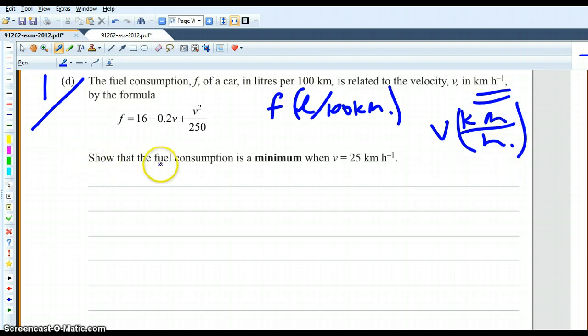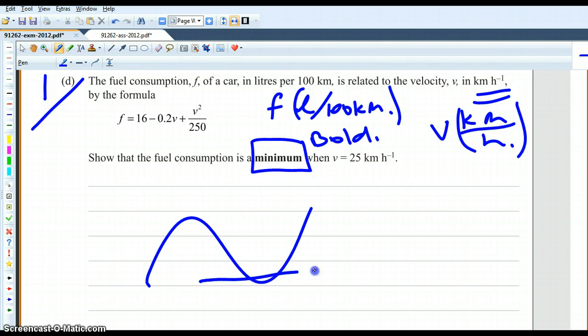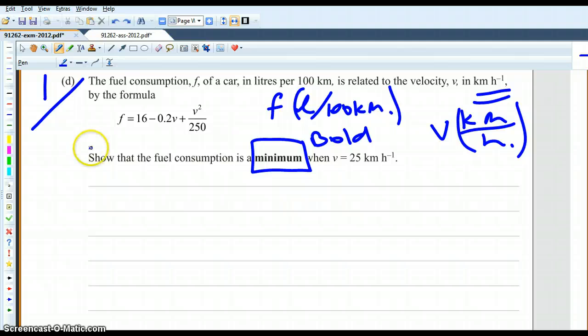Sweet. Show the fuel consumption as a minimum. This is bold, and it's saying to me, think minimums. At a minimum, the gradient is 0. So if I derive and equate the gradient to 0, I'll find the x-coordinate of when there's a minimum. So what do I have to do first? I need to derive. So df by dv, because I'm deriving to find the gradient function in terms of v.